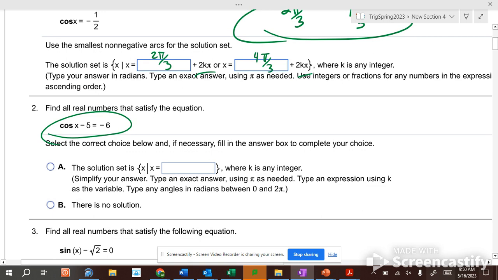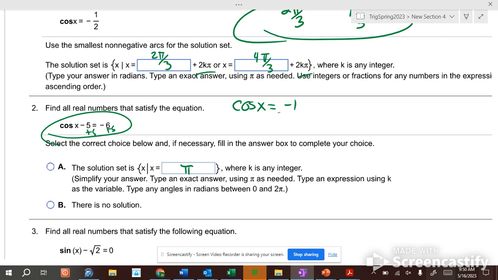Let's solve this. How would you solve this? Well, you want to get what alone on one side? Cosine of x. So if we add 5 to each side, cosine of x equals negative 1. Where is the cosine of x equal to negative 1? Pi.